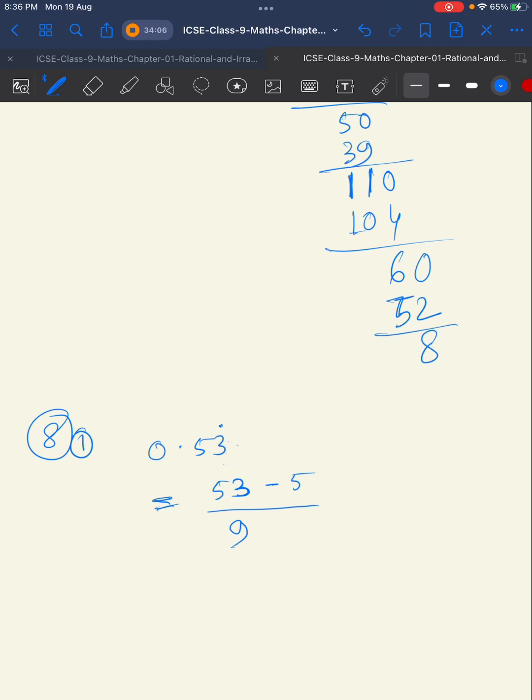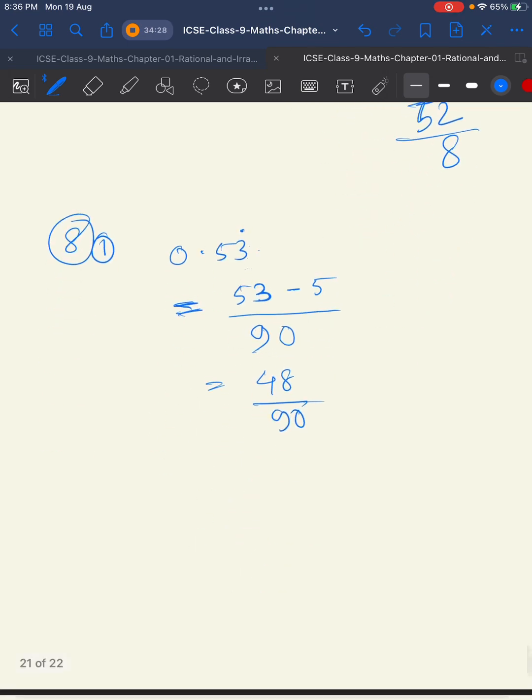And if the digit has no bar, then this is 0. So this is 53 minus 5 is 48 by 90.